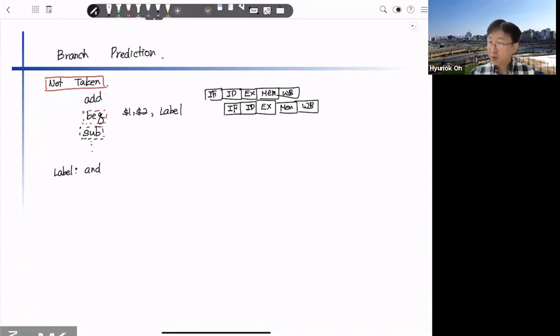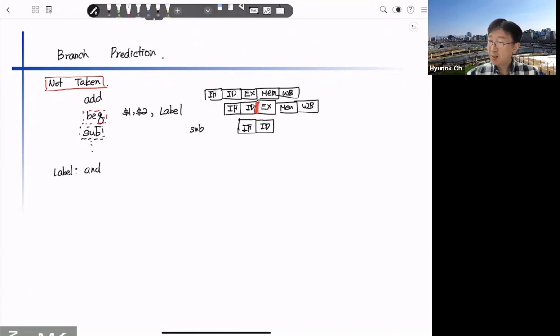It's just assuming that the next instruction is just executed. So the result is available here at the end of the instruction decode, but regardless of that result, it is just fetching the instruction in the next location. So subtraction is just fetched. And then its instruction decode is executed here.